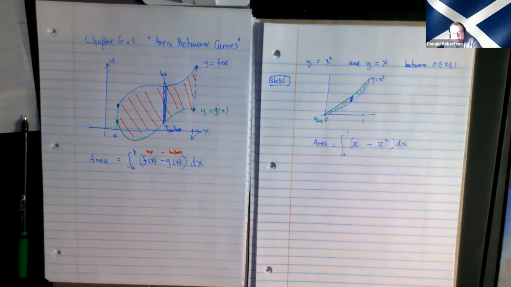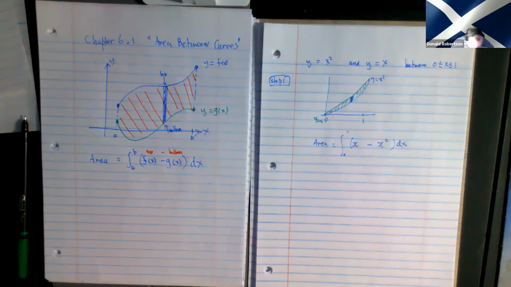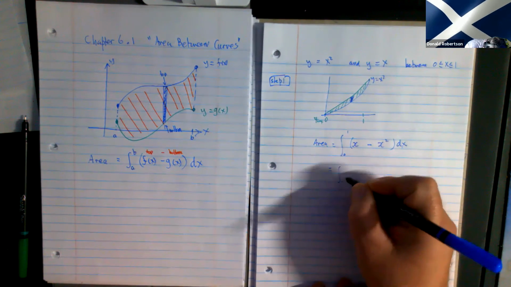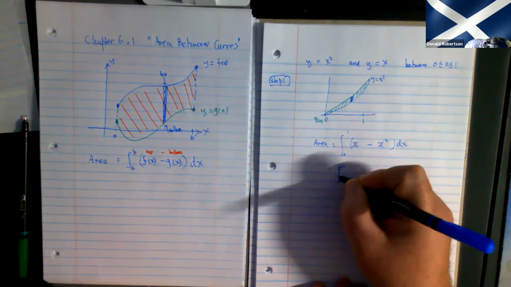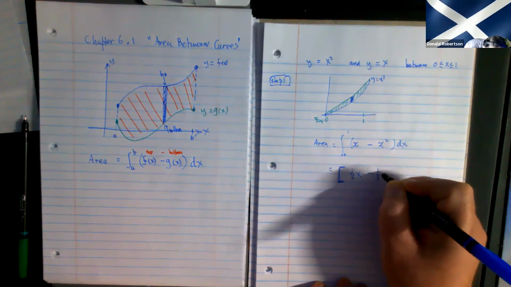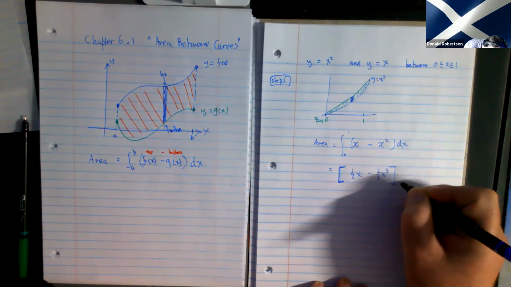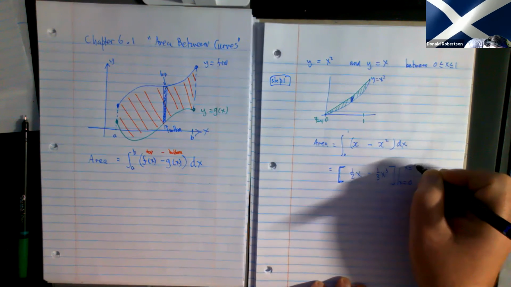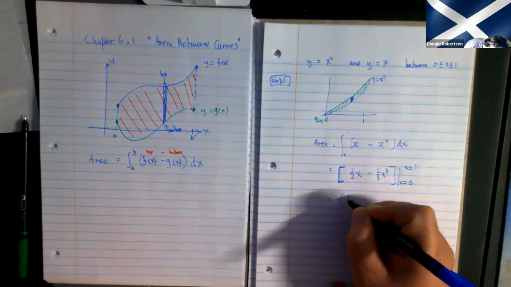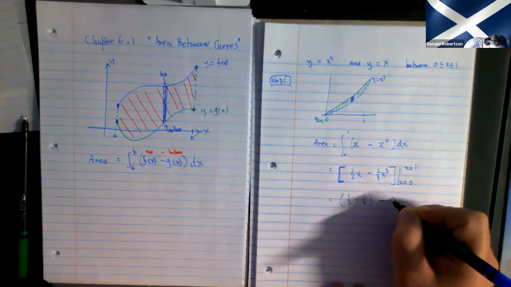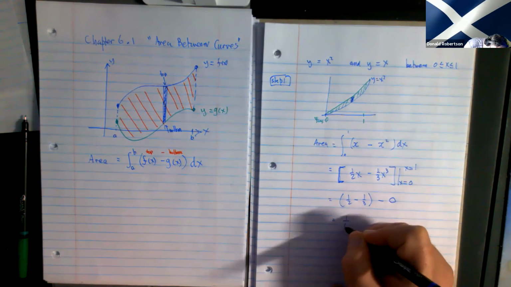And that's the integral that would get me the area of that little banana shape. I don't need to do any clever math, just the power rule, from x equals 0 to 1. That would get you a half, take away a third, minus a whole load of nothings. And that is a sixth.